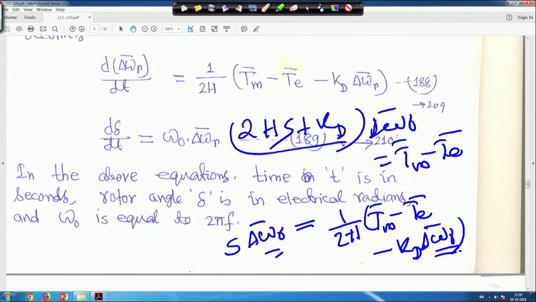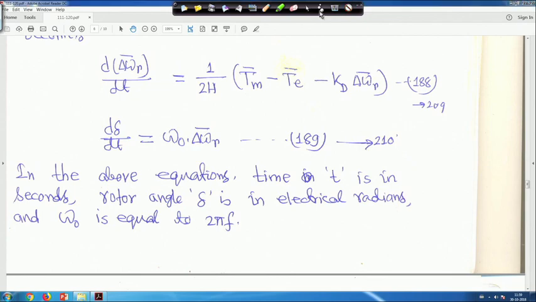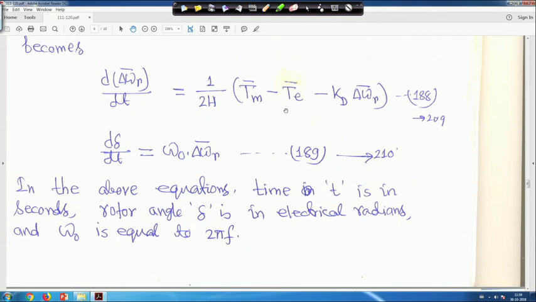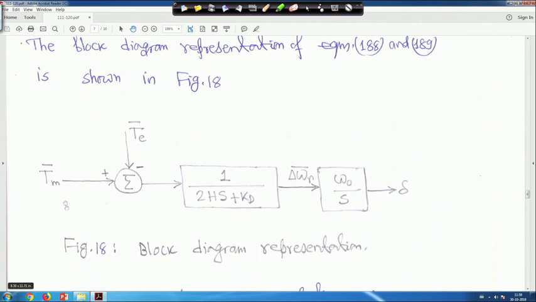Therefore, delta omega r bar will be Tm minus Te divided by 2Hs plus Kd. That is why in this block diagram, Tm bar is given as input here and Te bar. The output of this is Tm bar minus Te bar, and delta omega r will be Tm bar minus Te bar divided by 2Hs plus Kd, and this output is delta omega r bar.